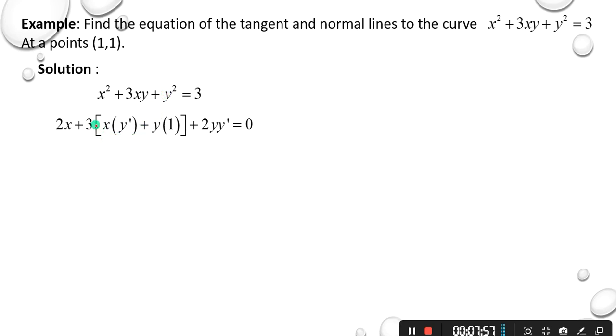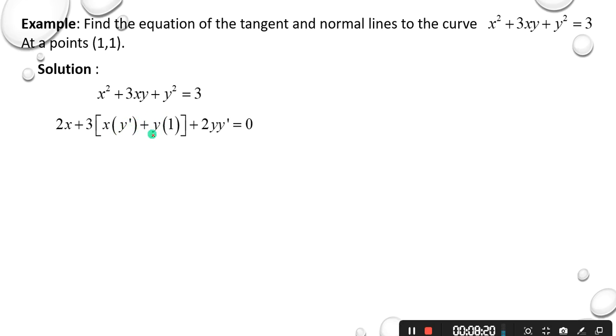To simplify, we first isolate the 3, then we apply the product rule to x and y. So simply x, then the derivative of y is y prime. Every time we get the derivative of y, we put a y prime.